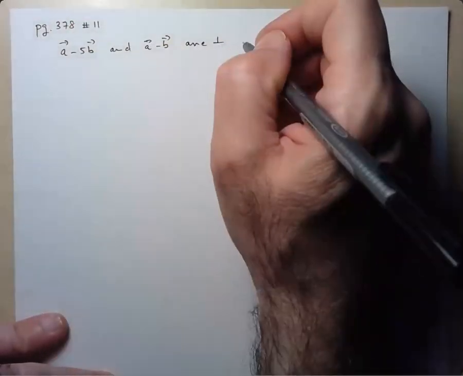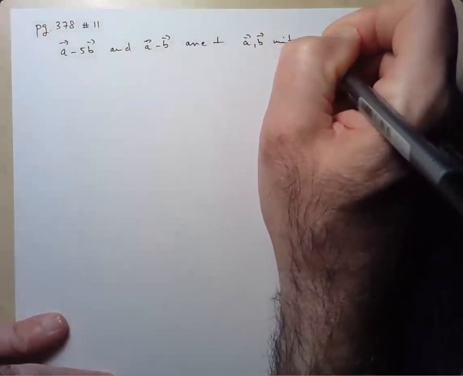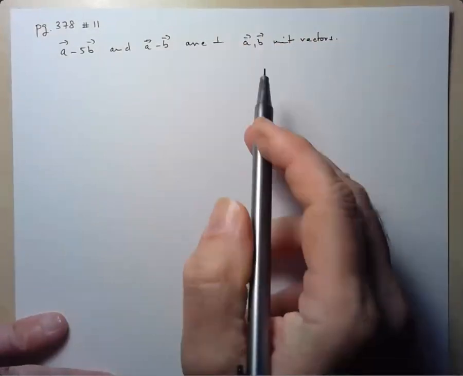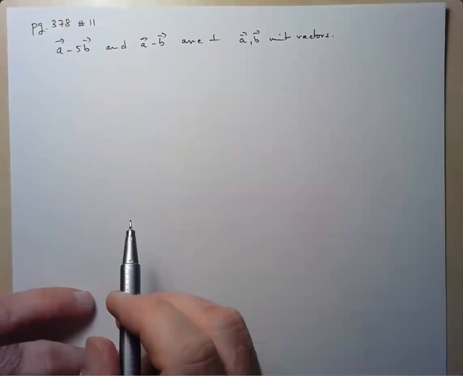Now, they also tell us that A and B are unit vectors. Because the textbook doesn't use the hat notation, they have to specifically tell us that two vectors are unit vectors.